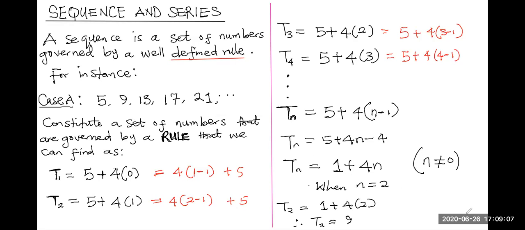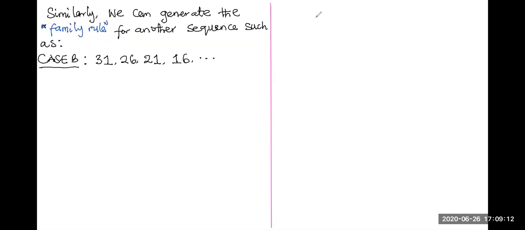All right, so we move to another set of numbers. Similarly, we can generate the family rule for another sequence, such as this. This is a sequence of numbers. They have been arranged sequentially, and there is a rule that is governing the way these numbers are being generated.